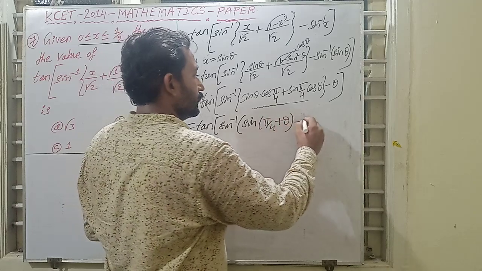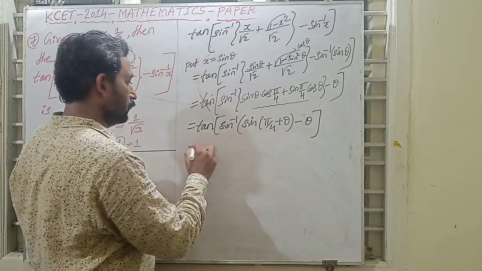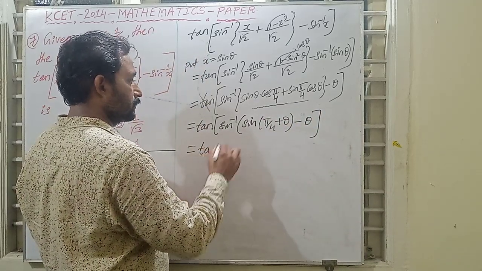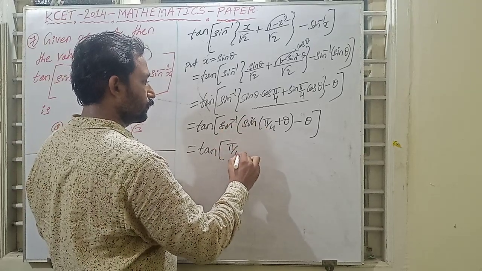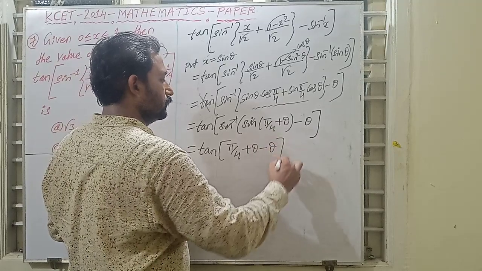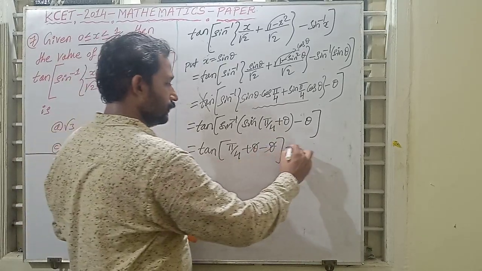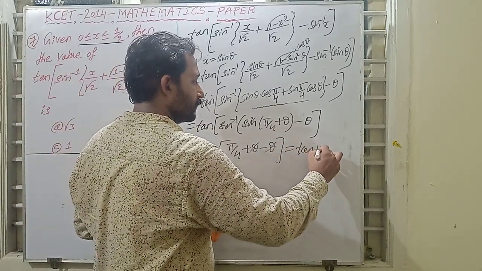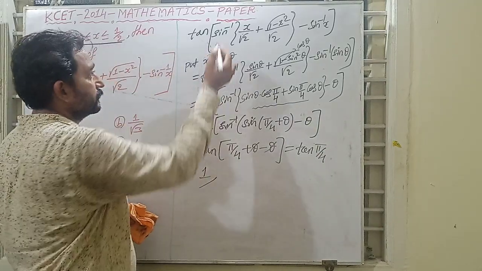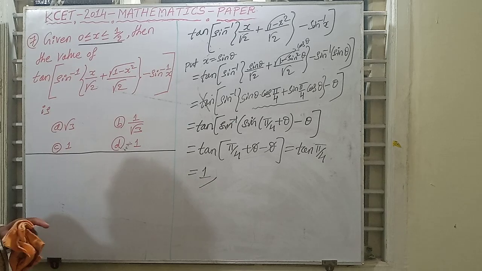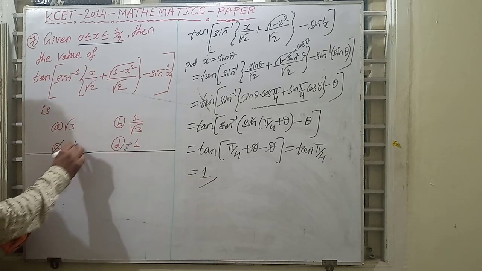So tan of sin inverse of sin of pi by 4 plus theta, minus theta. Sin inverse sin gets cancelled. So remaining pi by 4 plus theta minus theta. Again minus theta gets cancelled. So remaining tan of pi by 4. Tan pi by 4 value becomes 1. So value of this function is 1. So option C is correct.